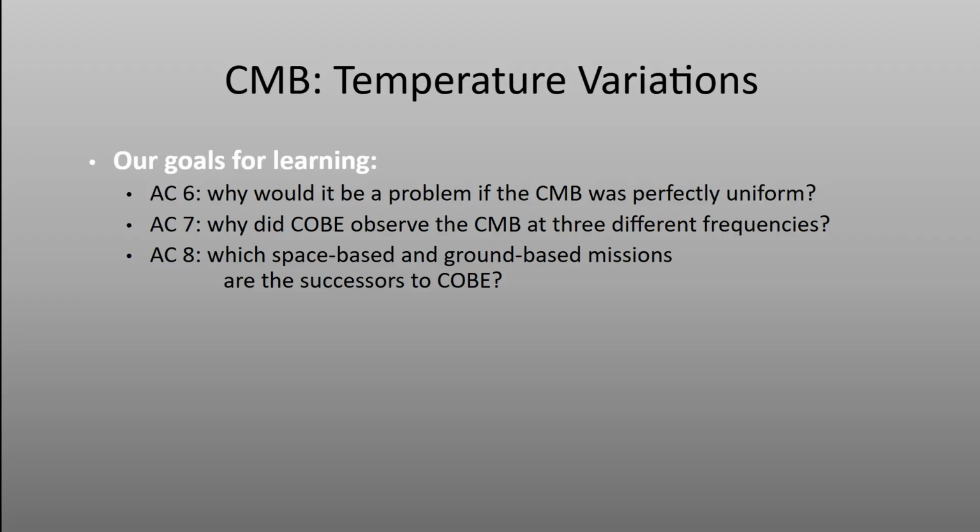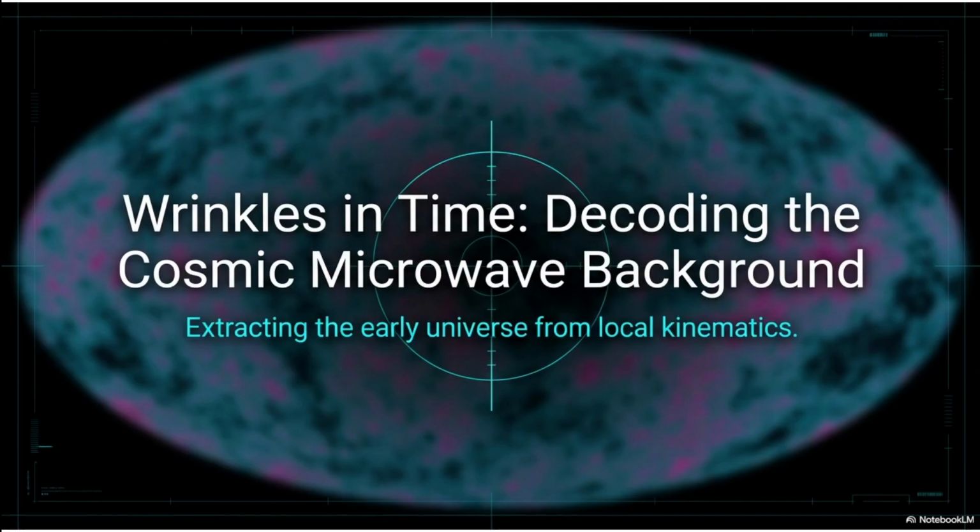Otherwise, there's a huge problem if the CMB was perfectly uniform. For attention check 7, we'll talk about why COBE observed the CMB at different frequencies to really prove this was the case, or at least give high evidence that there are temperature variations. And then for attention check 8, we'll discuss the space-based and ground-based missions that really followed up on COBE.